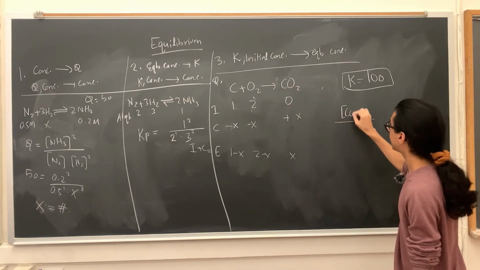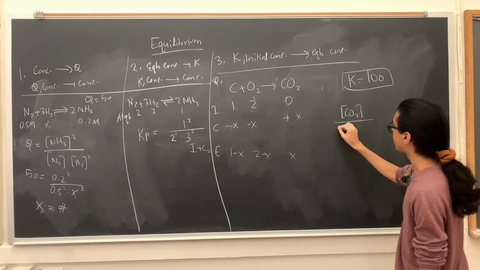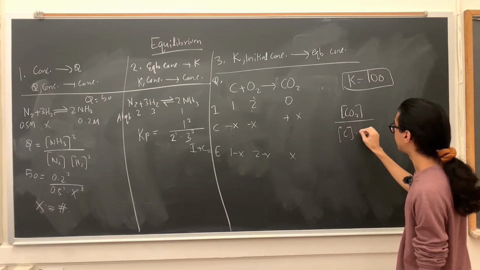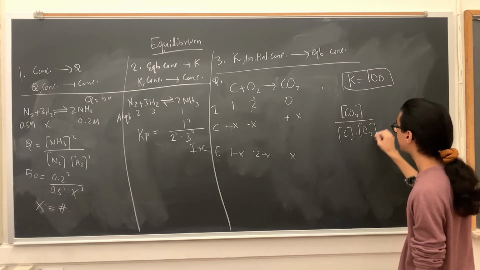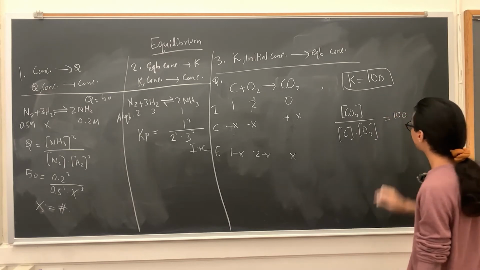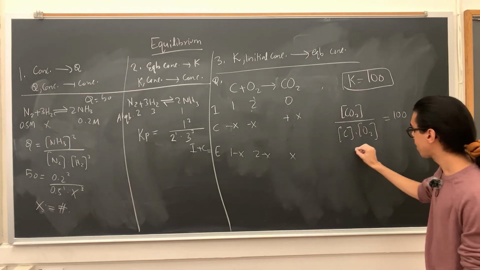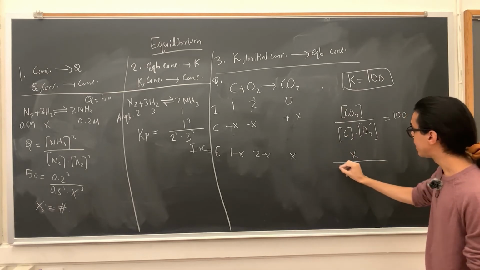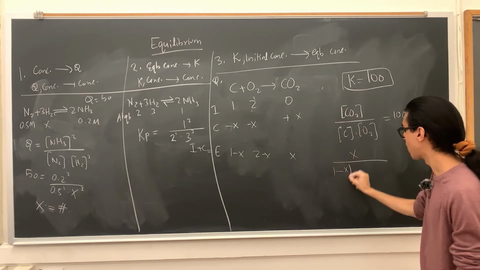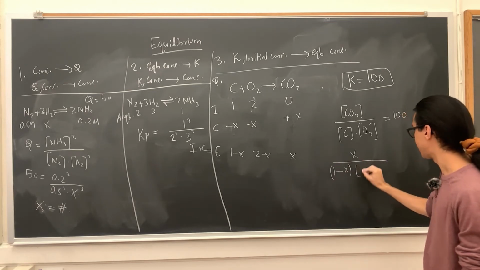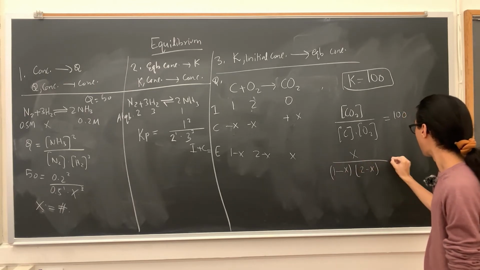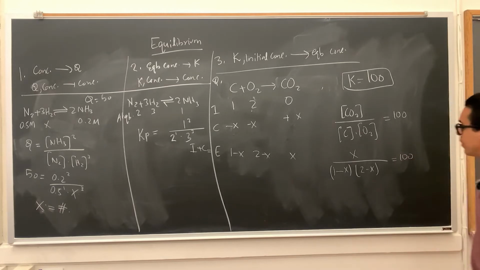So concentration of CO2 divided by concentration of carbon times concentration of oxygen equals 100. CO2 here is X. Carbon is 1 minus X. Oxygen is 2 minus X. Equals 100.